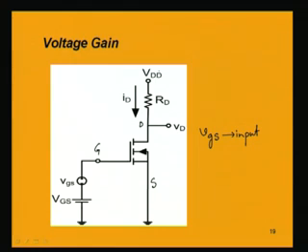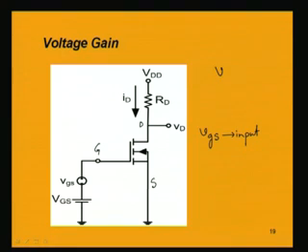Gate to source voltage must be kept positive and drain to source voltage must also be kept positive. To achieve that, we need to have the DC biases, which are VGS and capital VDD.